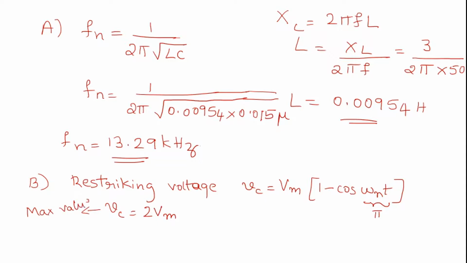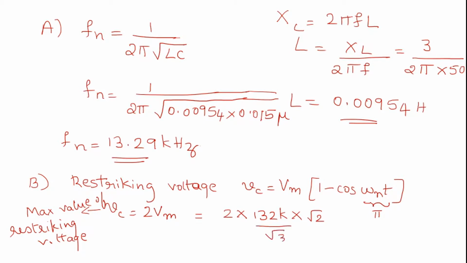This is nothing but the maximum value of the restriking voltage. So what is Vm? VRMS is given, which is 132 kV. We multiply that by root 2 to get the maximum value, and we need it per phase, so divide by root 3.